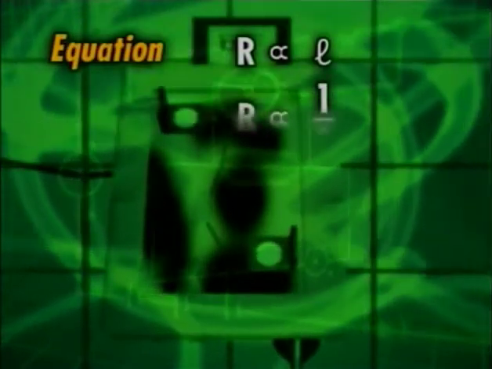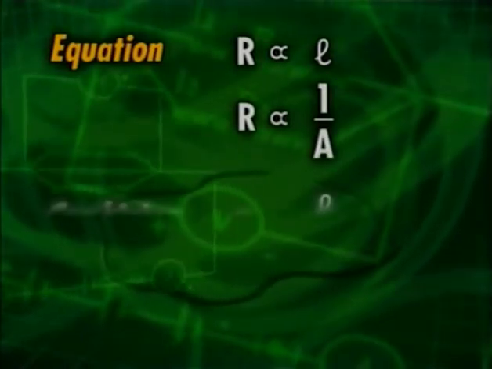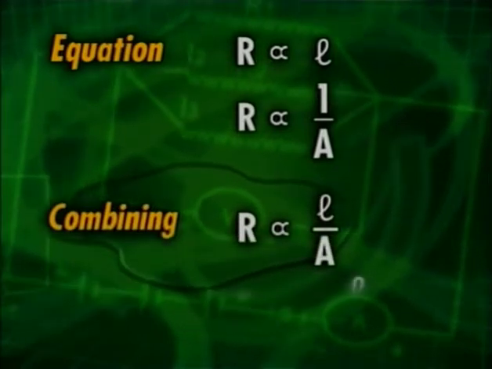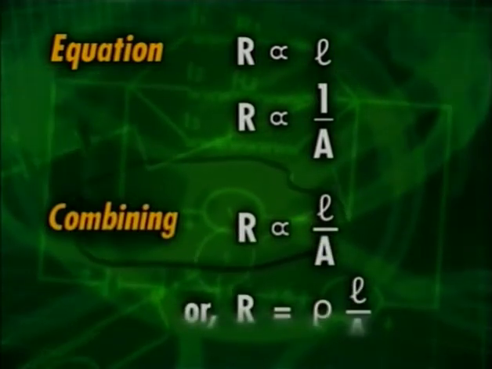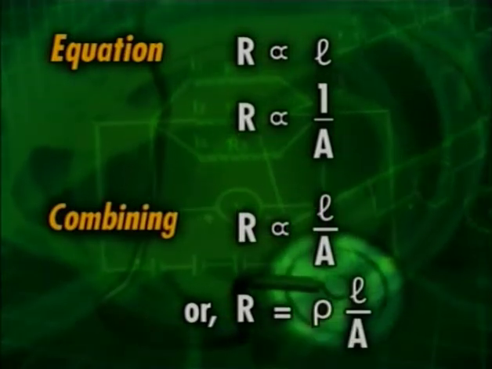R, the resistance, is found to be directly proportional to the length, inversely proportional to the cross-sectional area. Combining these two equations, we therefore get R proportional to L by A, or R is equal to rho L by A.